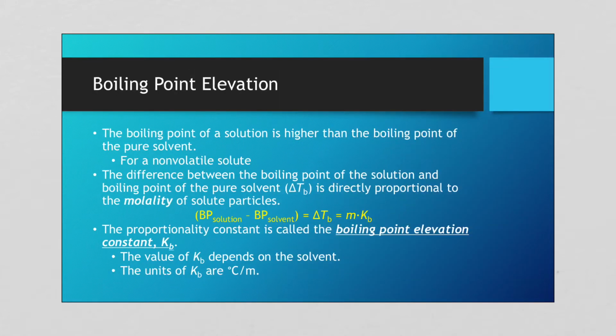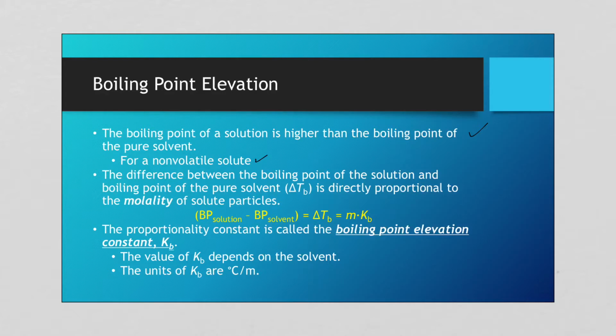Okay, so let's look at each of these individually, and what we'll see is basically they operate the same way, but in opposite directions. So the first thing is we can say that the boiling point of a solution is going to be higher than the boiling point of the pure solvent. Now, we have to make a condition here that for this kind of problem, we're dealing with a non-volatile solute.